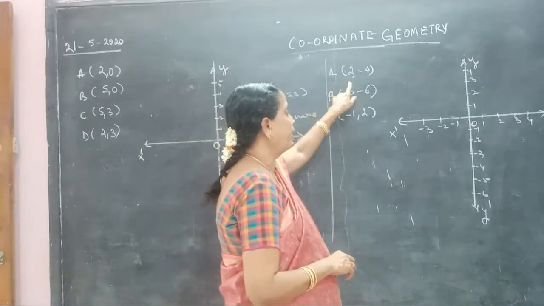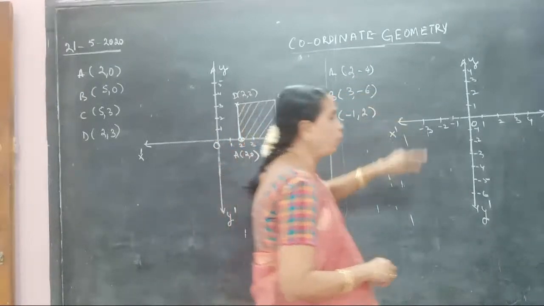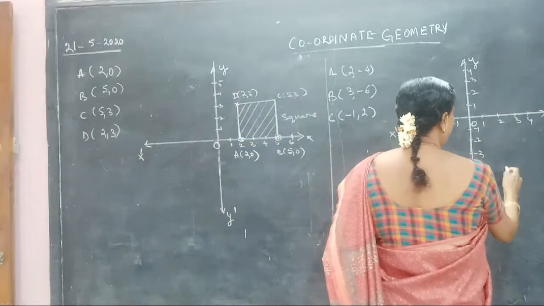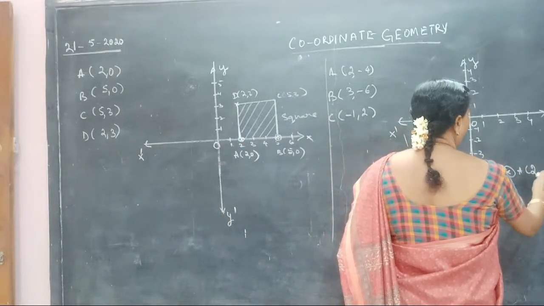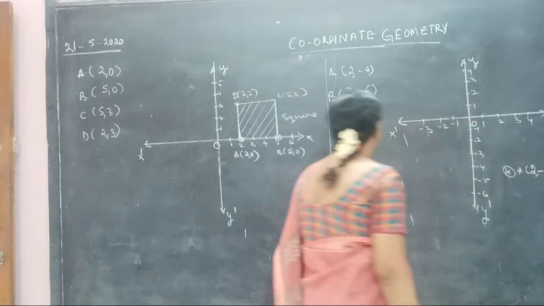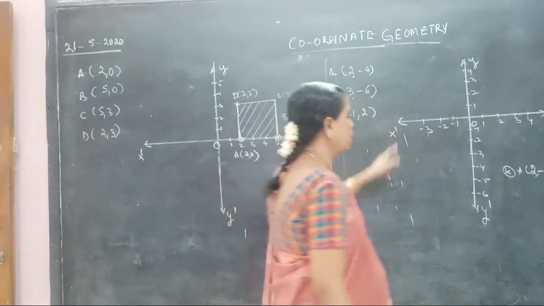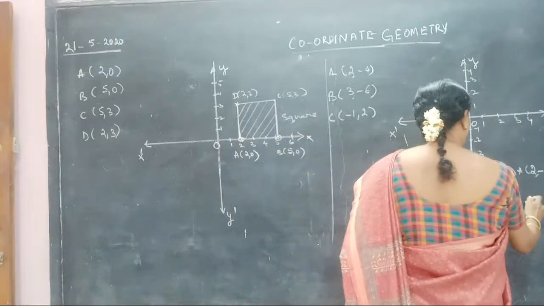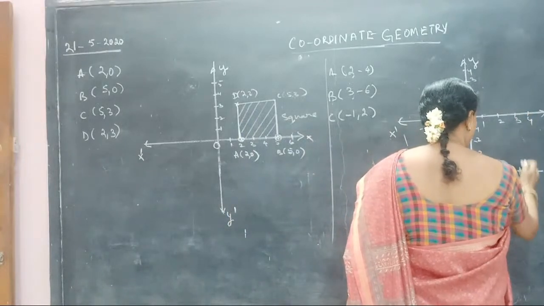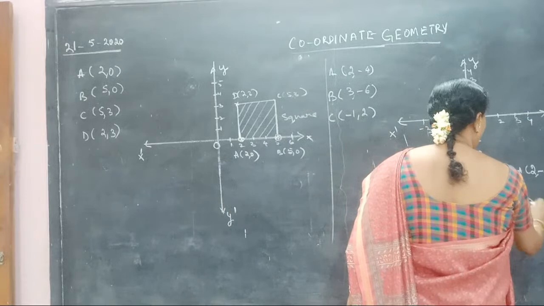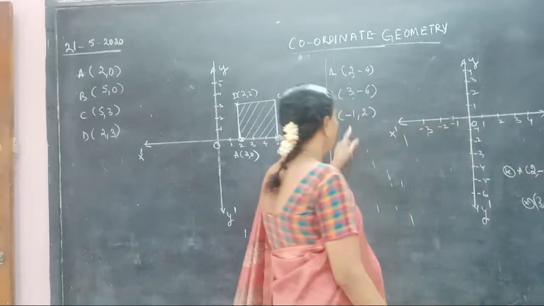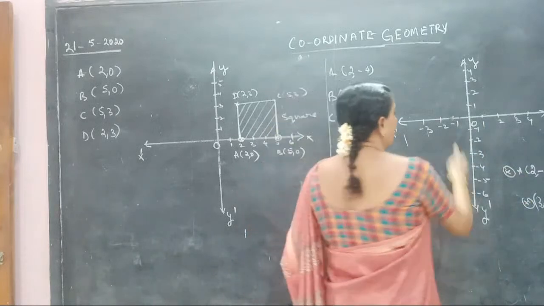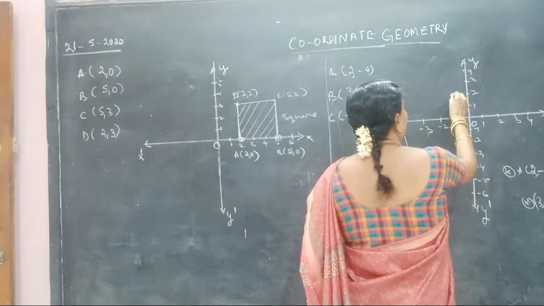The first point is (2, -4). This is the position. Name it as (2, -4). Then (3, -6), (3, -6). Then (-1, 2).